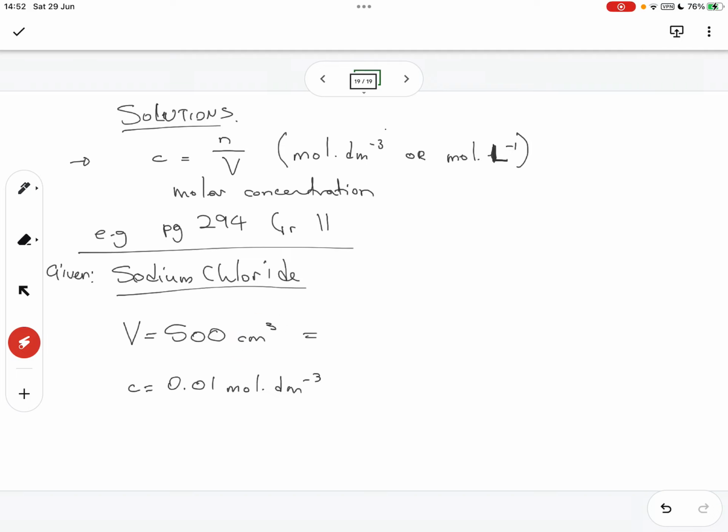So the first thing we must do is convert the units, because the volume is in cubic centimeters.